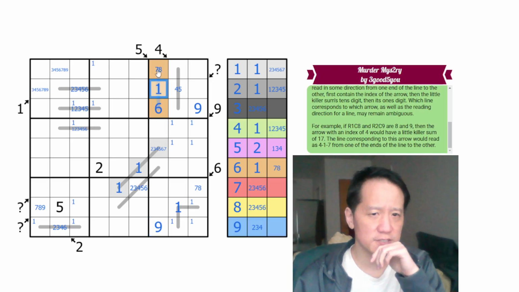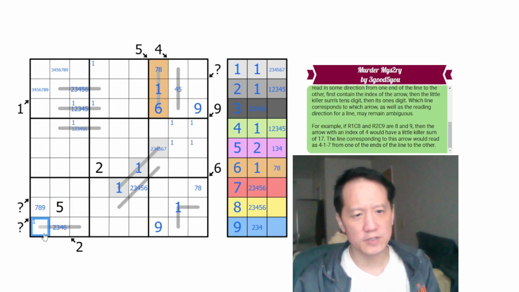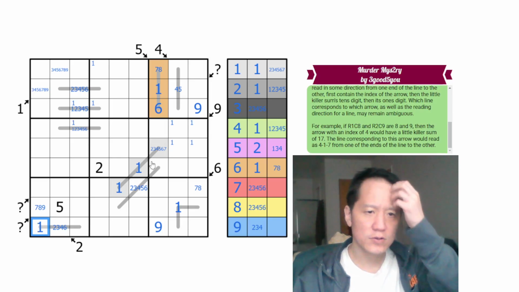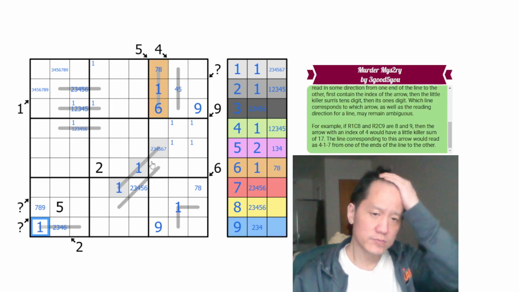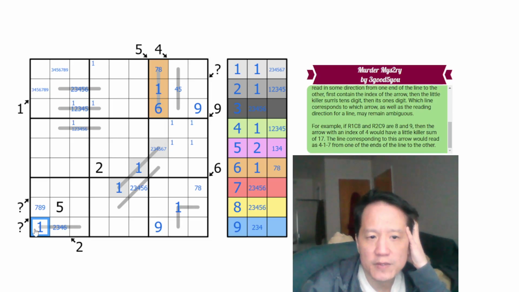So if this is 17, this would still have to be 1, 7, and 9. So this can't be 1, interestingly enough. One of these two has to, this can't be 1, so this is a 1 here. And this cannot be the ones digit, so one of these is a 1.